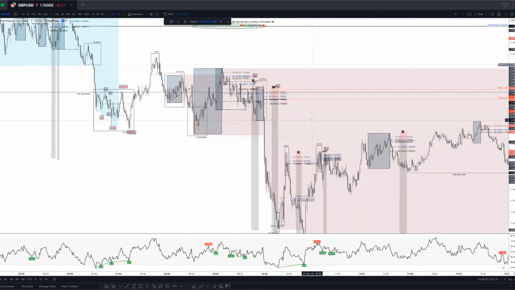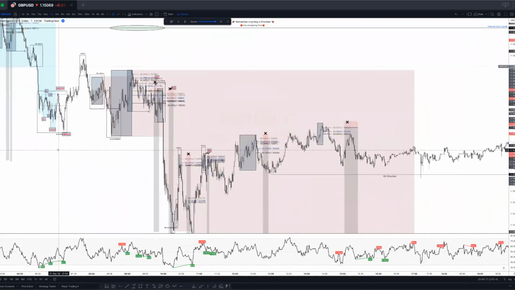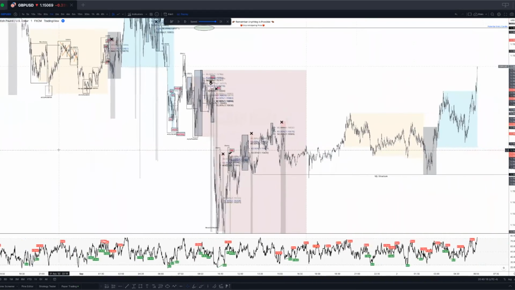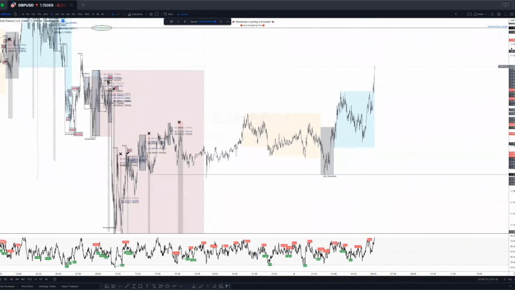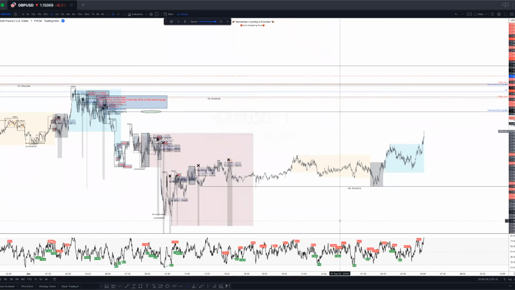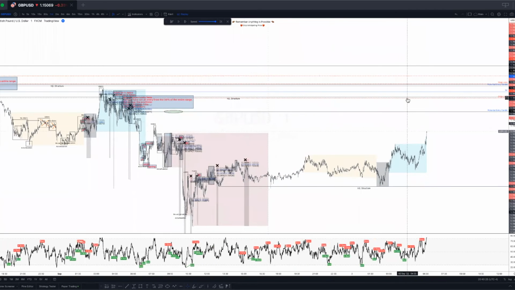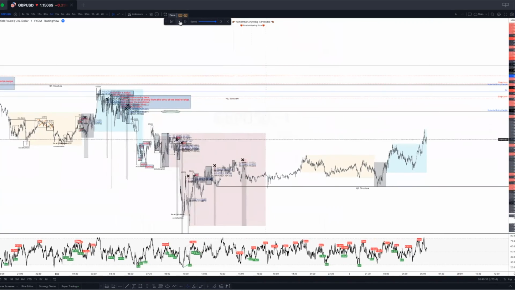So not bad. BE. Not bad. All right. Those are BE. This, no, it's my other trade. So this one is at BE right now. But this is not. So let's see if we get tapped into that one.